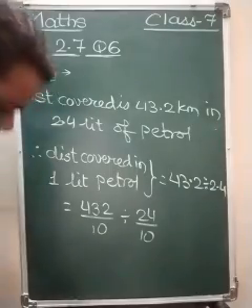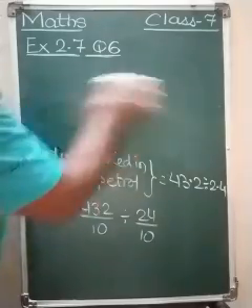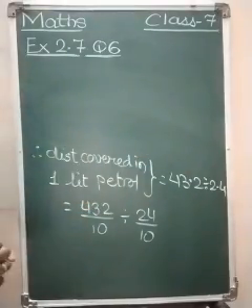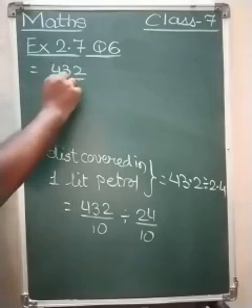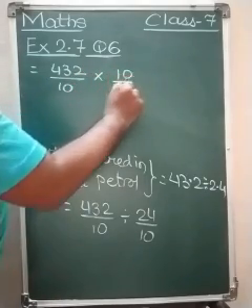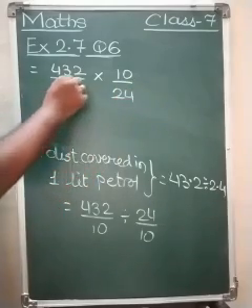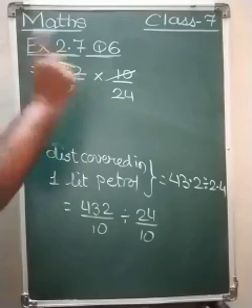I will rub out the top part. So this equals 432 upon 10 multiplied by 10 upon 24. 10 and 10 will get cancelled. Whether this number is divisible by 6, let us see.